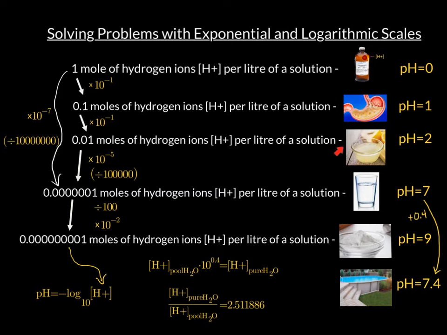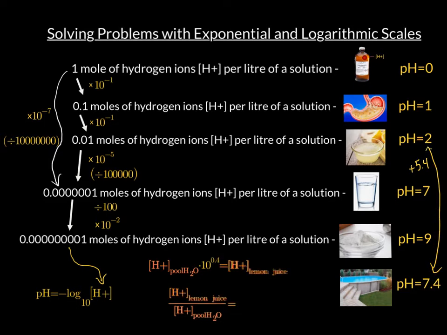Similarly, lemon juice is 5.4 less on the pH scale. So that means to get from the concentration in pool water to the concentration in lemon juice, you have to multiply by 10 to the power of 5.4. 10 to the power of 5.4 is about 251,188.6.